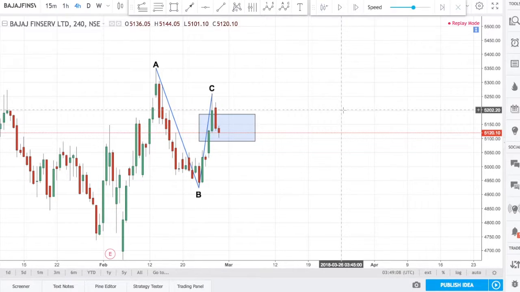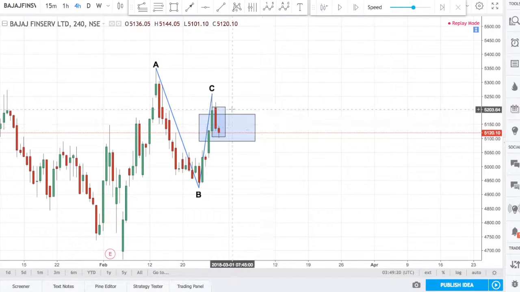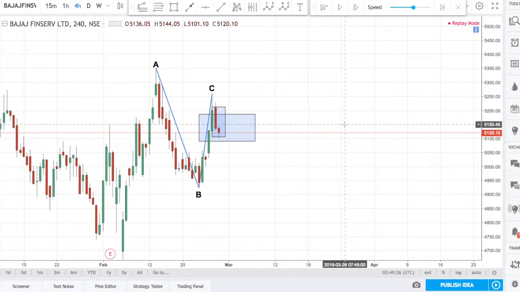The larger point here is to look for a lower low or higher high closing. Here on this BC leg, we have this lower low closing, which suggests maybe it's the beginning of the CD leg.